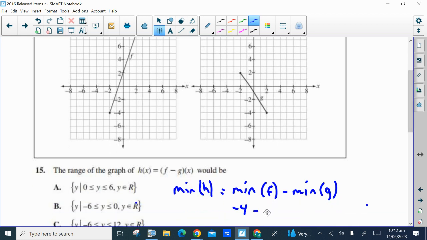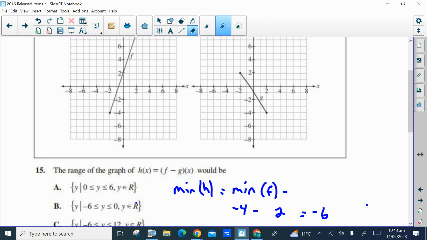Because if you use -2, which is the minimum value of g, the minus minus will become a plus positive. So to get the minimum value, you'd actually have to take the minimum value of f and subtract not the minimum value of g, but +2, which is actually the maximum value of g. But because it's a positive value, this will give you the smallest possible number.